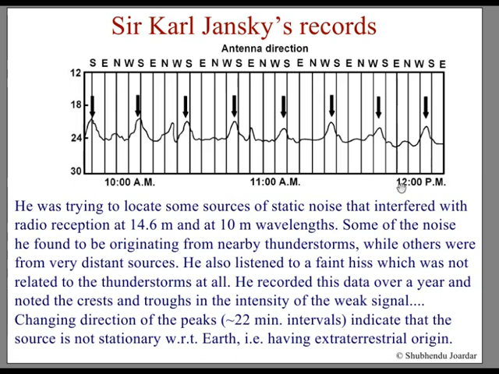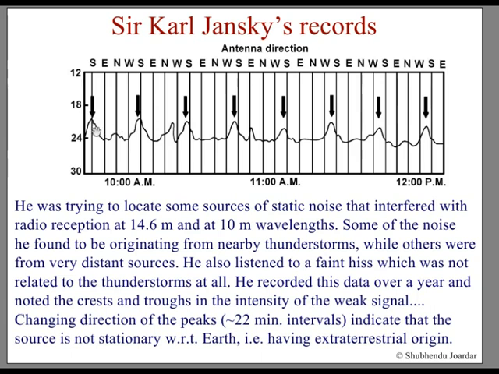So he experimented on this, and he kept recording the data. Over a year, he noted the crests and troughs of intensity of this signal. Now here is the record. You can see this is the time axis, and this is the amplitude. Now he noted that there are some peaks occurring, and these peaks were separated by roughly 22-minute intervals.